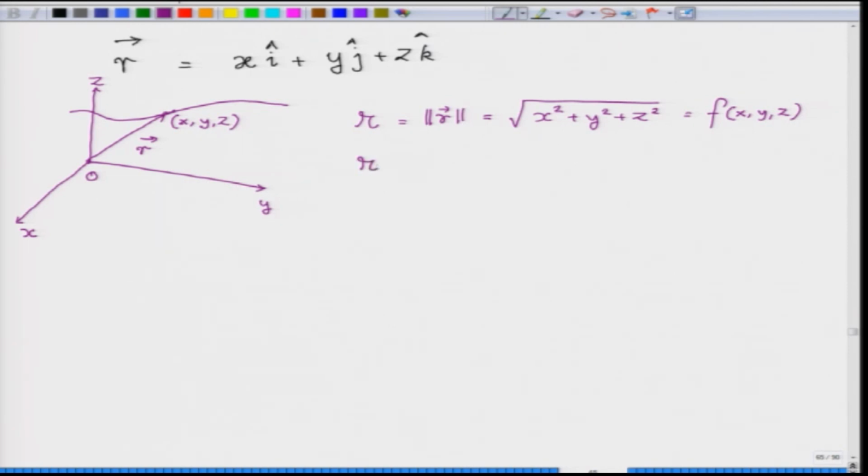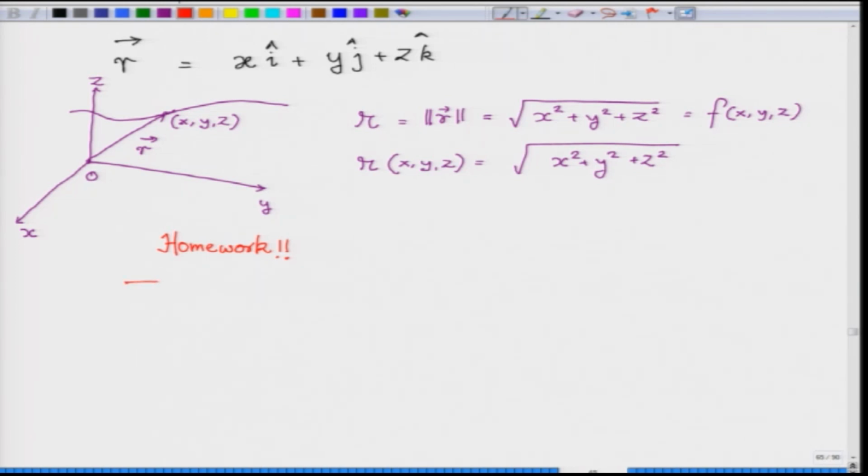If you do not want this f business, you just call it r of x, y, z, which is root over x square plus y square plus z square, and this is simple. Now, I am giving you the homework. Homework is important. I simply hope that you really do it. If you are sincere about the course, you will try to do it.